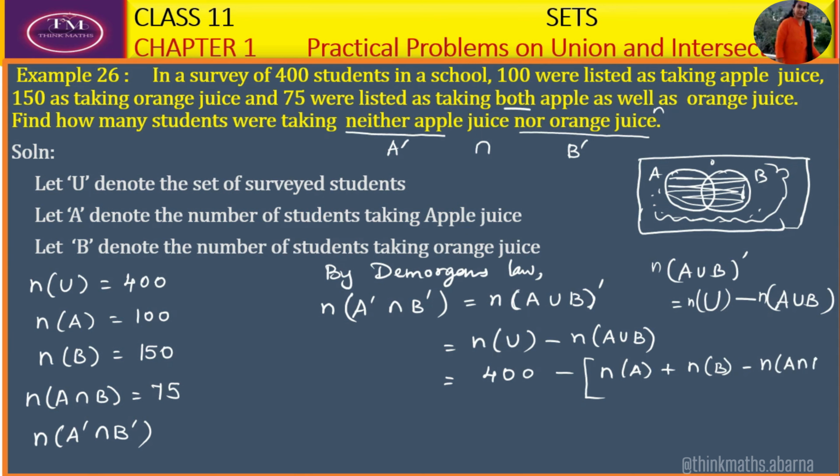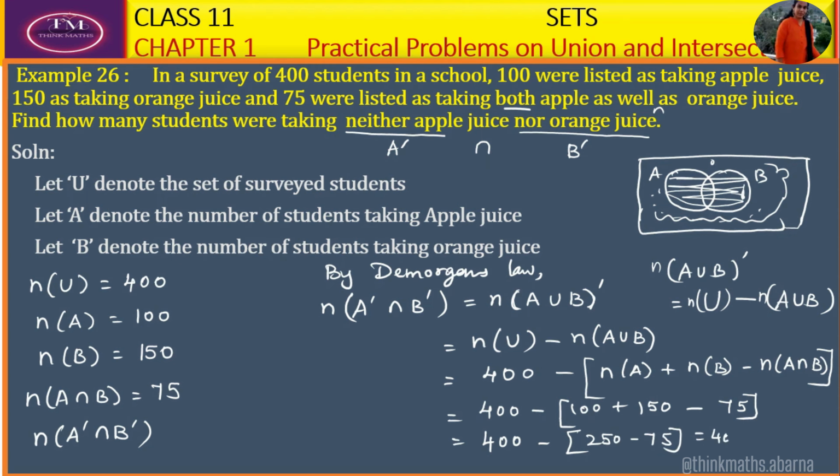So let us use the formula n of A plus n of B minus n of A intersection B. So it is 400 minus, what is n of A? It is 100, and n of B is 150, and n of A intersection B is 75. So 400 minus (100 plus 150, which is 250, minus 75).